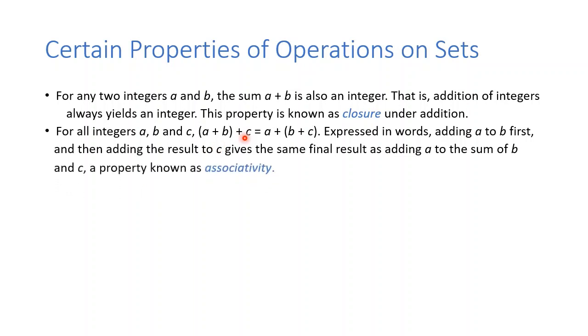When you are adding three integers in the same order, you associate the first two elements and add, and the result is added to the third element. Similarly, you add the last two elements and the first element is added to the result of these last two elements. You see that these two are equal. So this property is called associativity.